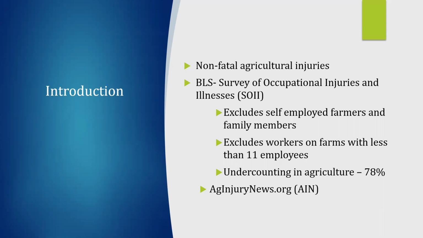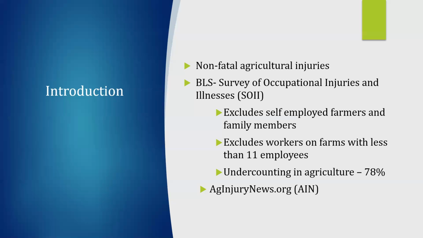The SOII collects data on work-related non-fatal injuries and illnesses among employees in all industries in the US. The SOII data excludes self-employed farmers and family members, as well as workers on farms with less than 11 employees. It was estimated that SOII was undercounting occupational injuries and illnesses in agriculture by about 78%.